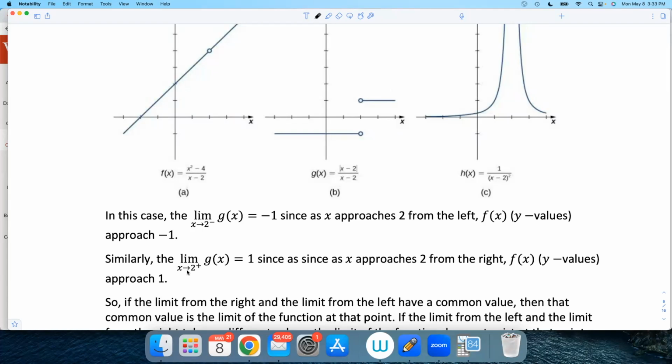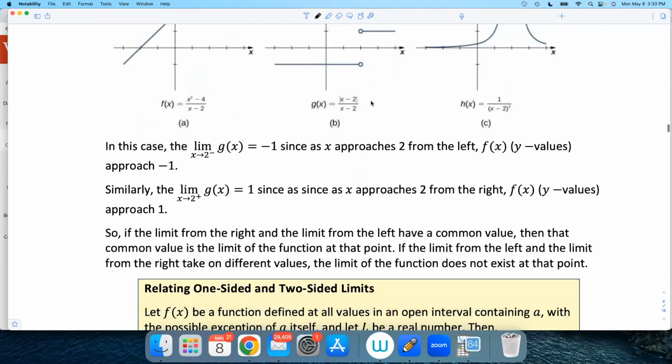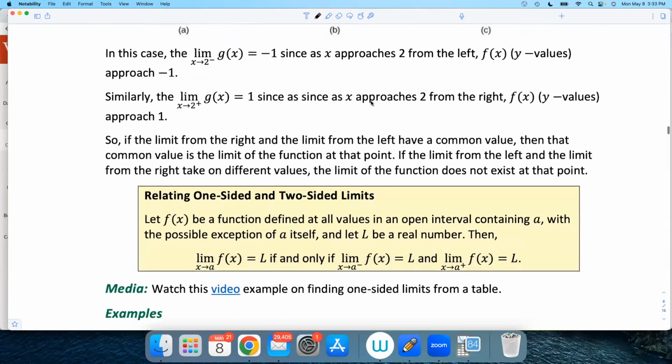So we call these one-sided limits. These one-sided limits both exist. The limit as x approaches 2 from the left is -1. From the right is +1. It has been decided that when we just ask, what is the limit?